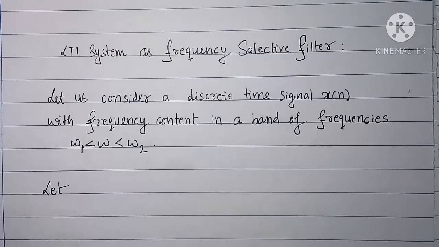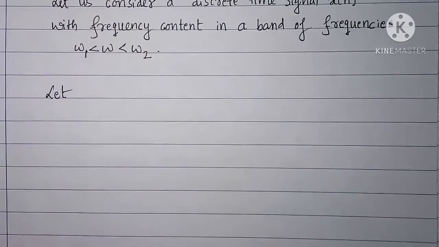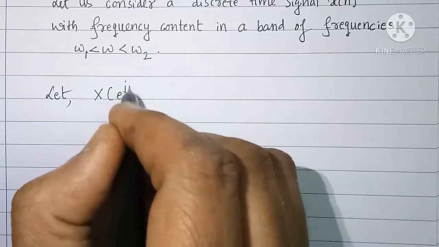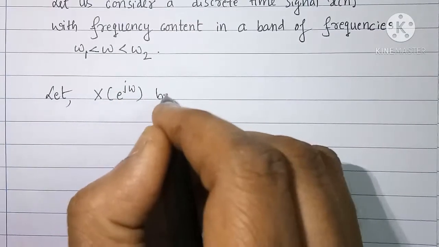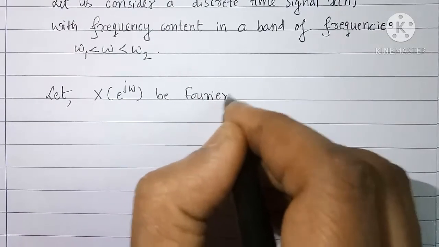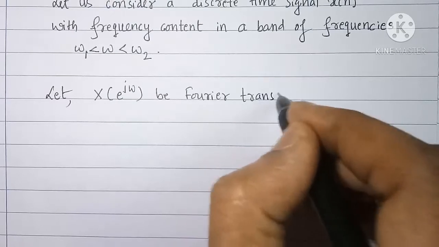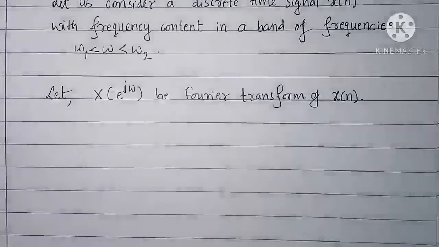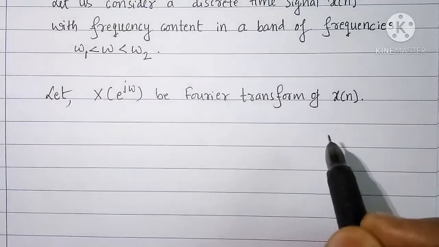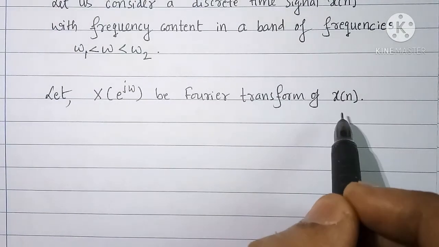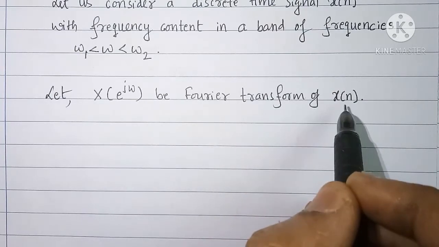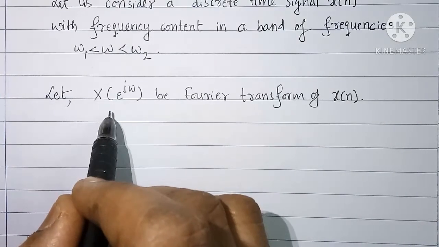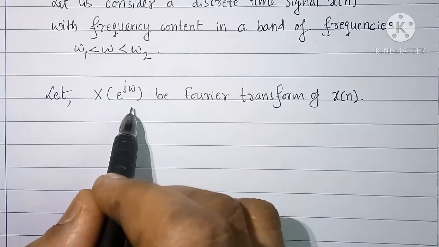Let x of e raised to j omega be Fourier transform of x of n, which means that if we take Fourier transform of x of n, that is discrete time signal, that will be transformed into a frequency domain signal x of e raised to j omega.